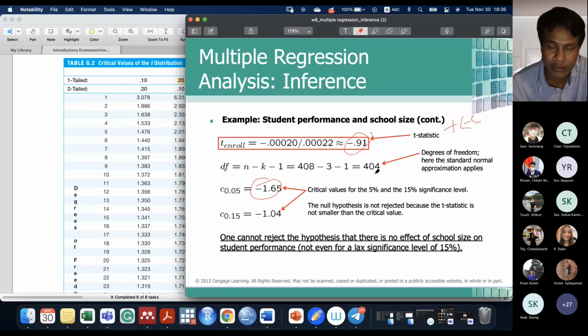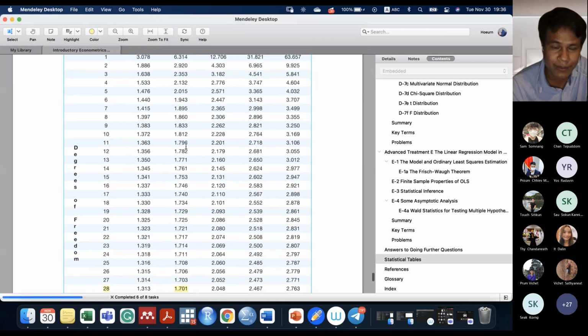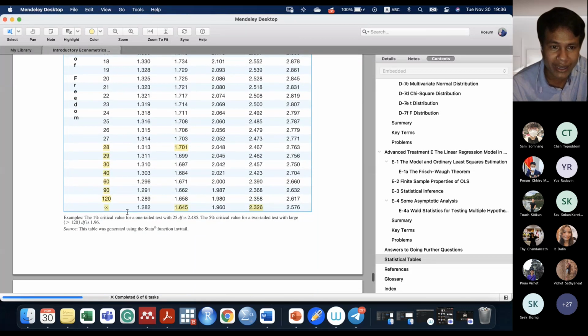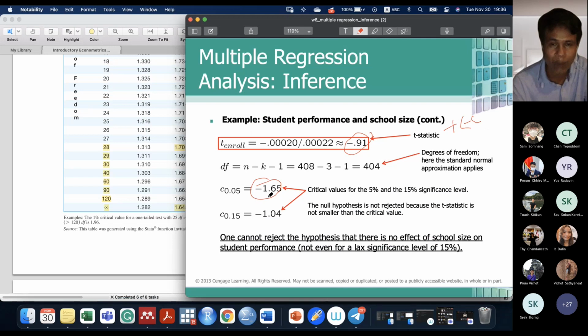Degree of freedom 404, 5%. Here, 5%, one tail. Degree of freedom 404. It is close to infinity. So it is 1.649. Round up, you get 1.65. And minus C is minus 1.65. Got it, Samang? This is how you obtain the critical value.